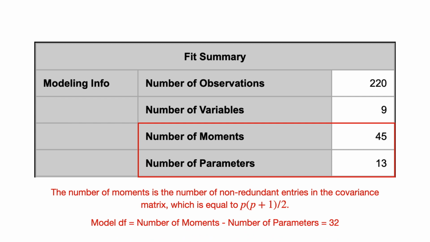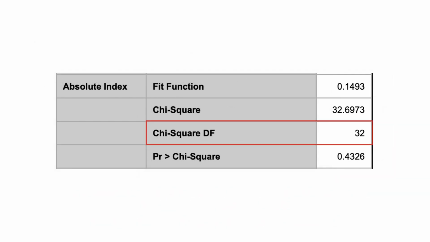The number of model degrees of freedom is equal to the number of moments minus the number of parameters, or in this case 45 minus 13, which is 32. And so this information goes along with what we saw previously. And so again, from this part of the output, we see that we have 32 degrees of freedom associated with this model. The chi-square value for this model is 32.6973.